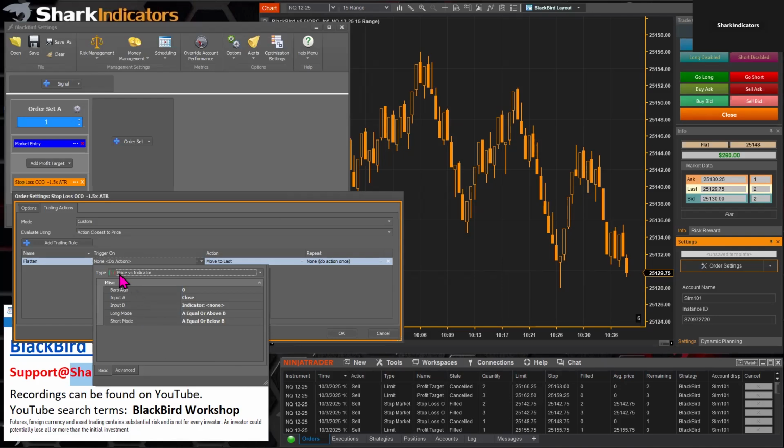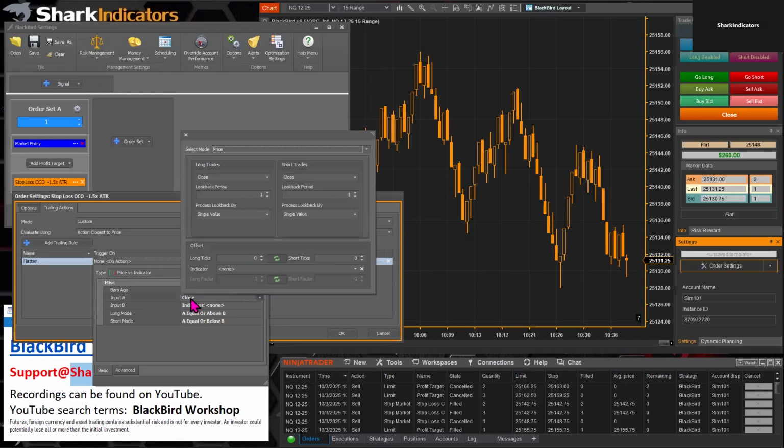So even though something might be named price versus indicator, we always make it so that you're not locked into price. You can do an indicator value, you can do price, you can even use the linear regression channel indicator there.